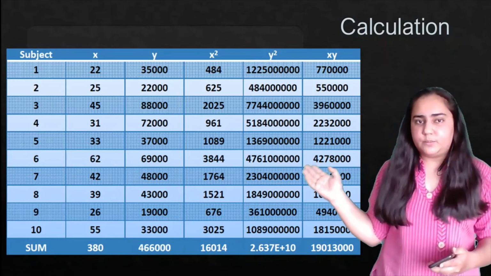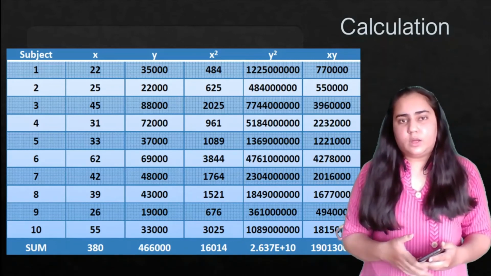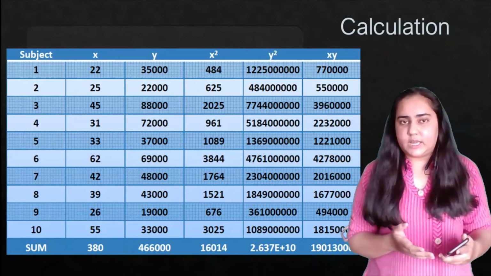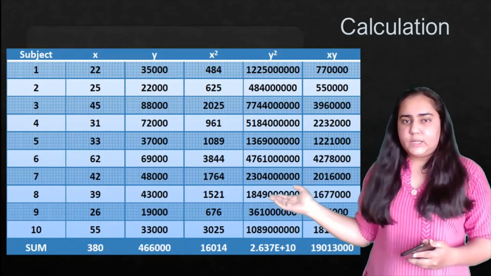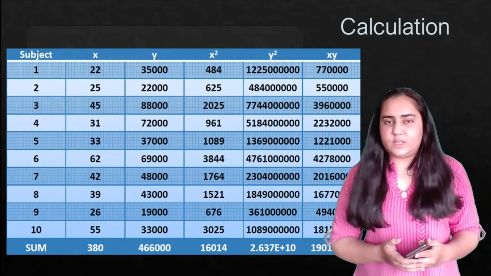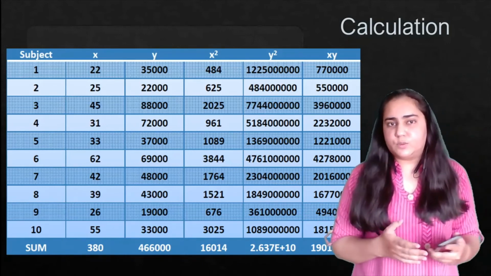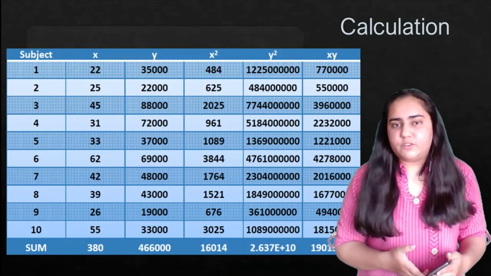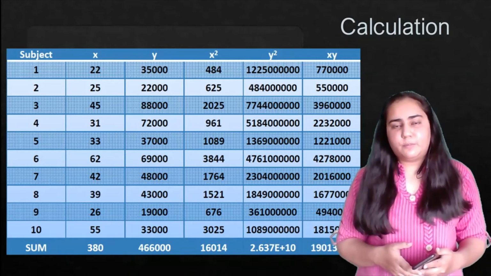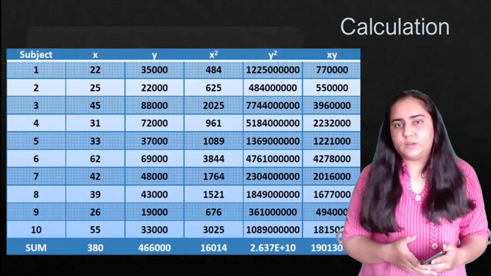You can see the subject column, that's nothing new. X and Y columns: X is the age, Y is the annual income. Then I've calculated X square, which is simply the square of X. So 22 into 22 gives you 484. 55 into 55 is 3025. So that's how X square is calculated.